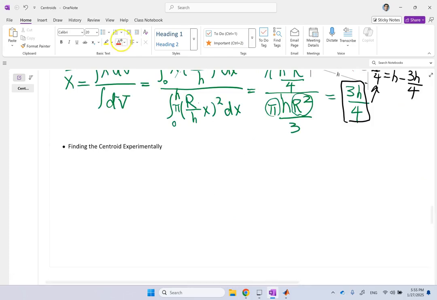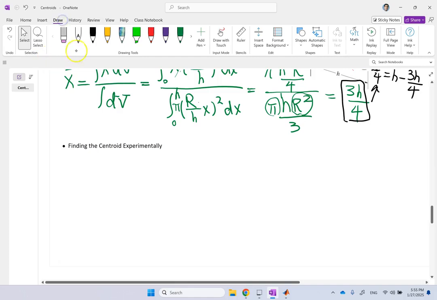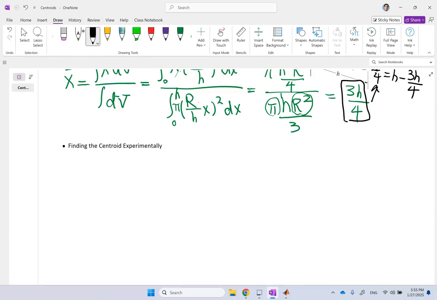Well, it depends. There are several ways that I just want to briefly talk about. If the object is a narrow, slender object, like a 2D object, let's say it's a key, so I have a key, right? And I say, where's the centroid of this? The best way to do it is to balance it on a point.